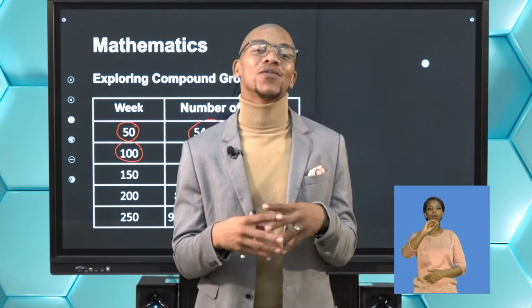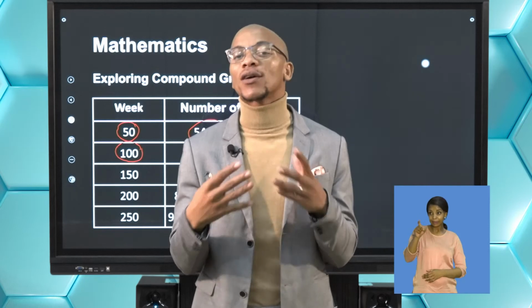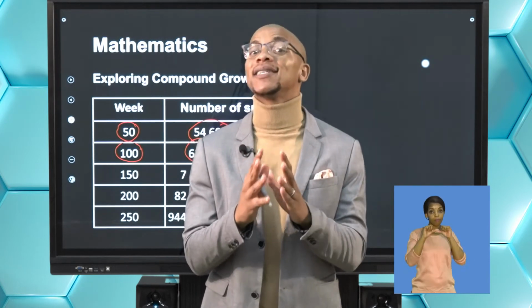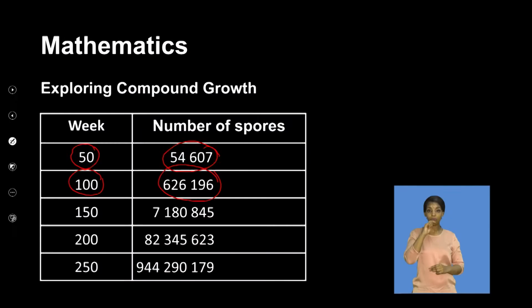And this, by the way, is the power of compound interest and compound growth, which we'll look at in a short while. This is the power of what it means to deal with compound growth and compound interest if it was maybe an investment or a savings account of that nature. So stay tuned. It's really quite a very big idea that we're dealing with.